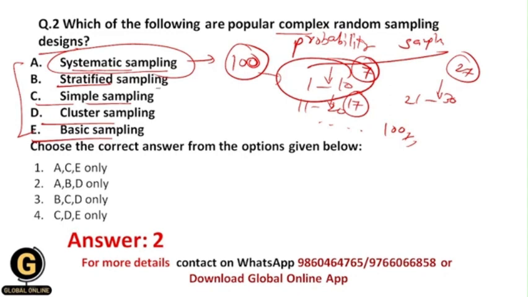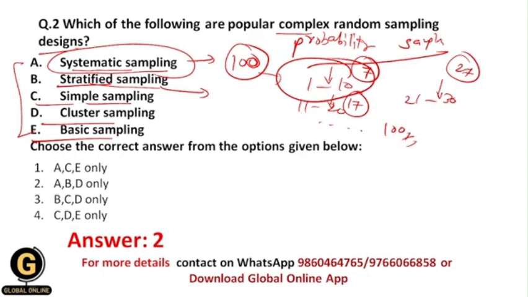Next is stratified sampling. Now stratified sampling actually is done when there is obviously the heterogeneous population, whenever population includes lots of characteristics of people. Okay, or people which have the lots of characteristics, I mean to say different characteristics. So for example, here I have heterogeneous population.